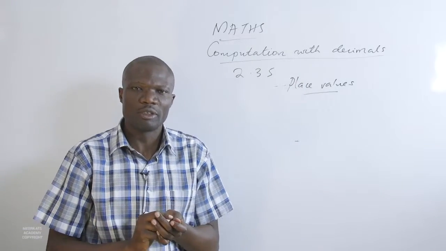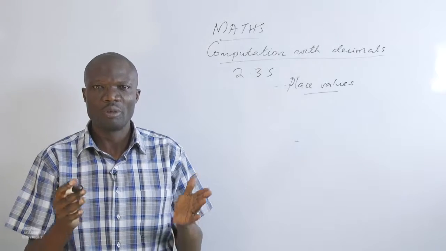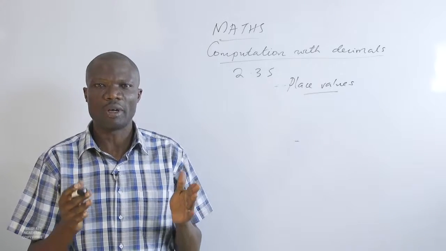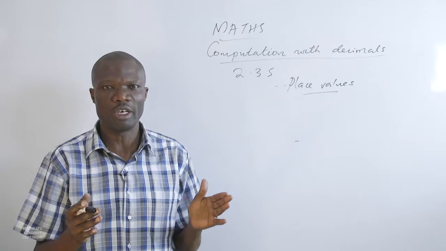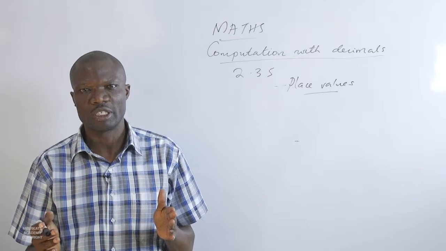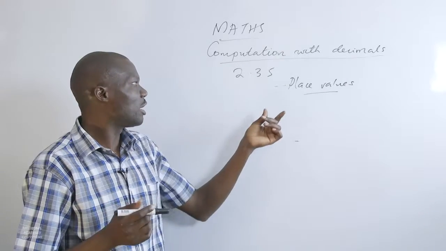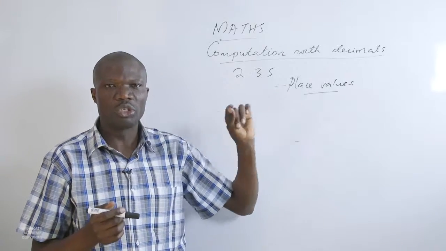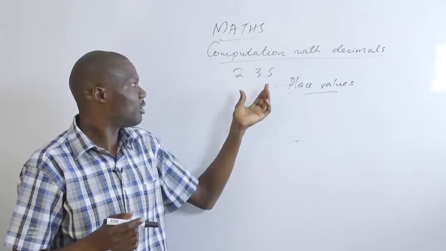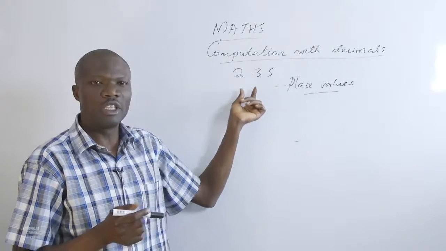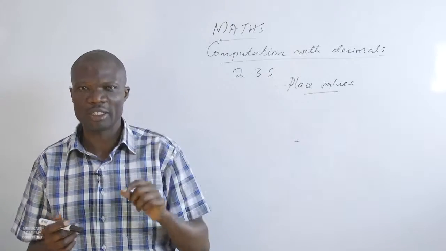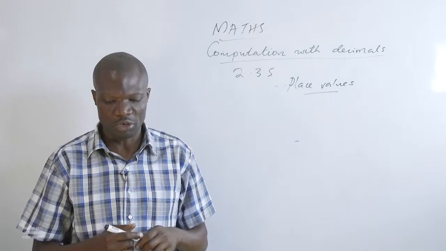Those numbers with the same place value are placed in the same column before you add or subtract. So it is necessary for you to know that the place value of every digit in a decimal matters a lot, and we should know how to allocate it.